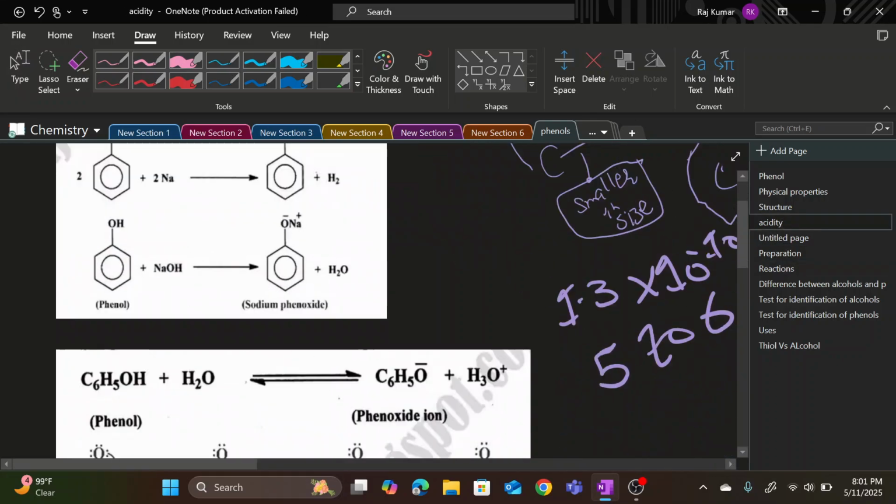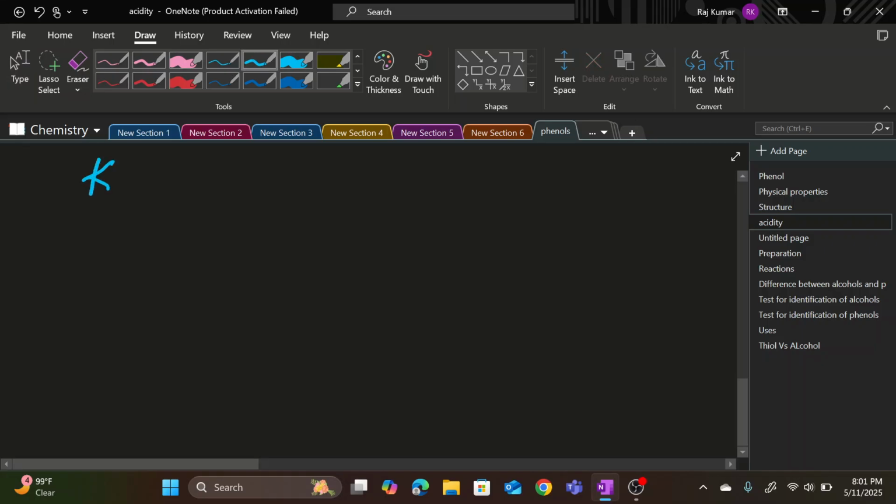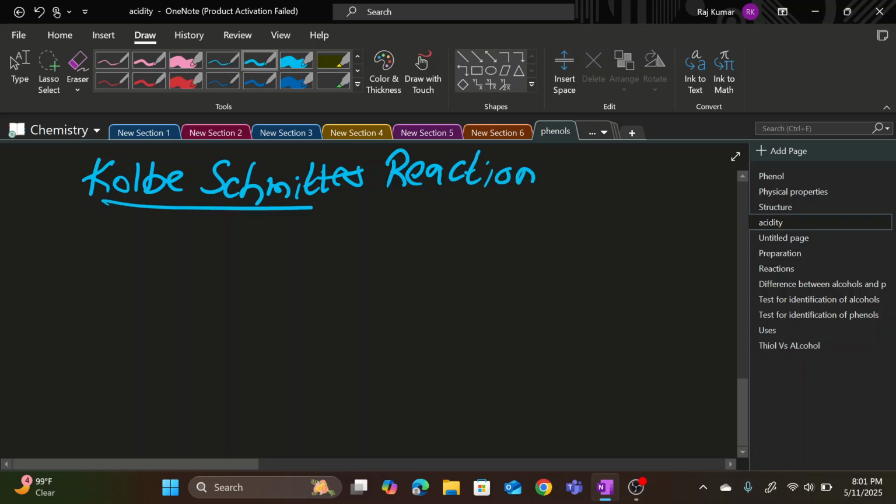And there's another very famous reaction, which is known as the Kolbe-Schmitt reaction. Now, what does this reaction include?